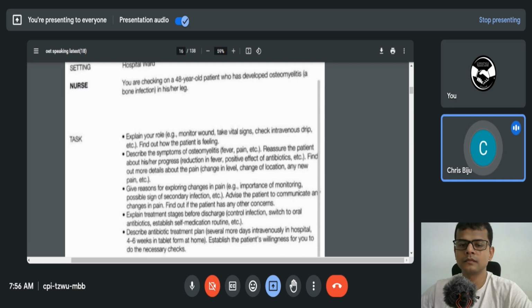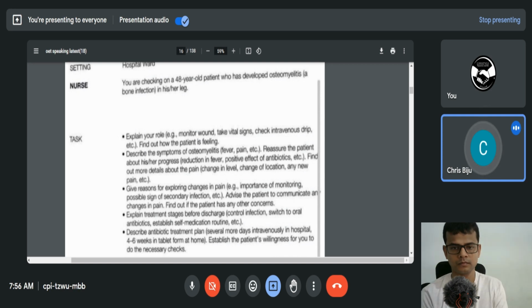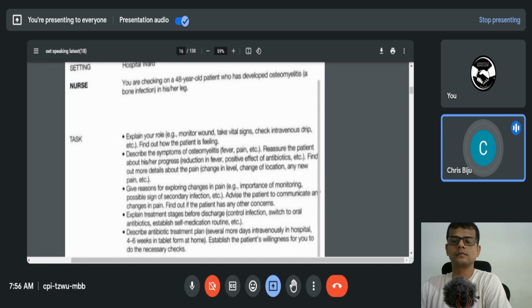The treatment plan which we are following in the hospital is, before your discharge, first of all we need to control the infection, and we need to switch the IV antibiotics to oral antibiotics, and moreover you need to establish a self medication routine.